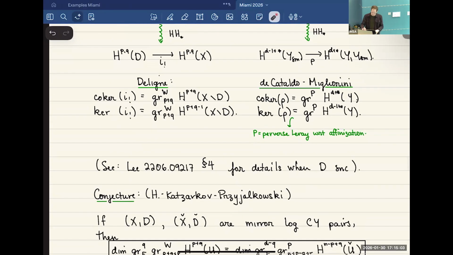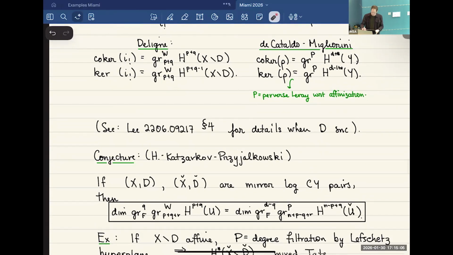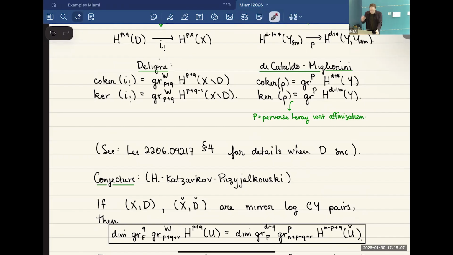Okay, so this example motivated a conjecture of myself, Ludmil, and Victor Przyjalkowski, which says that if we have two mirror log Calabi-Yau pairs, then we should have an identification of Hodge numbers. We take the weight graded pieces on the U side and the perverse Leray graded pieces on the other side.